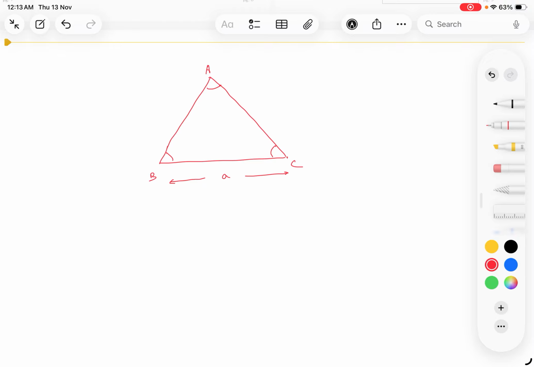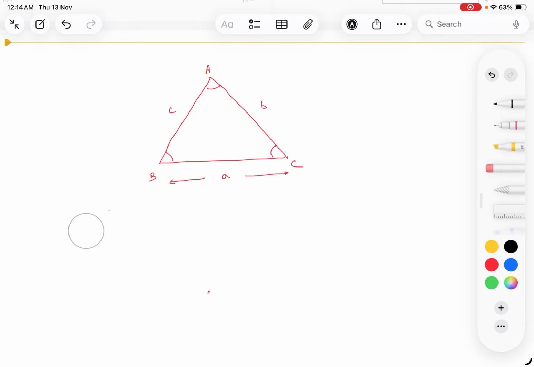Similarly, this is b and this is c. Then according to the sine law, sine A over a equals sine B over b is same as sine C over c, or you can say a over sine A, b over sine B, c over sine C, right?